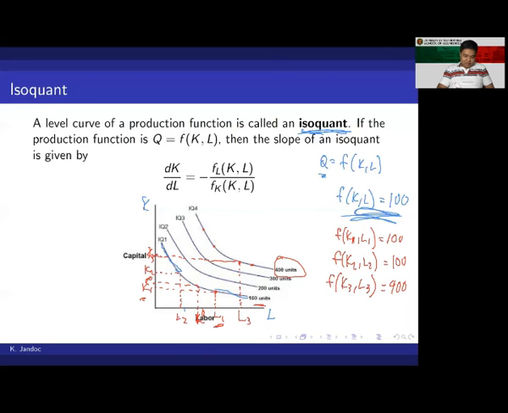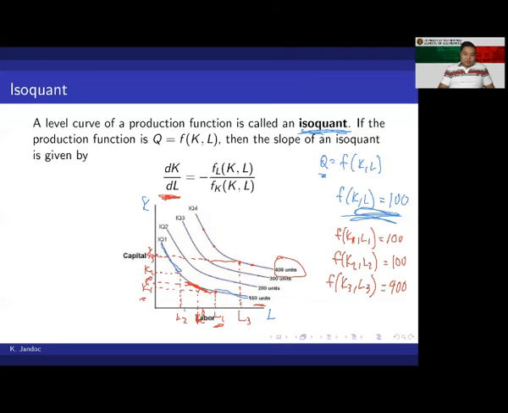What is the slope of the tangent line? By using the implicit function theorem and the theorem that we had earlier, this is the slope of the isoquant, dK/dL. It's how much K will change when L changes. So it's a slope.